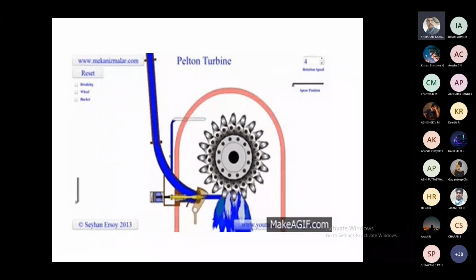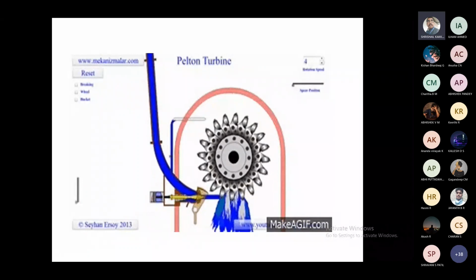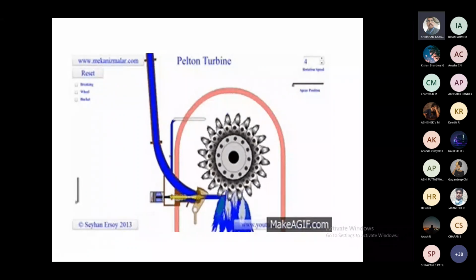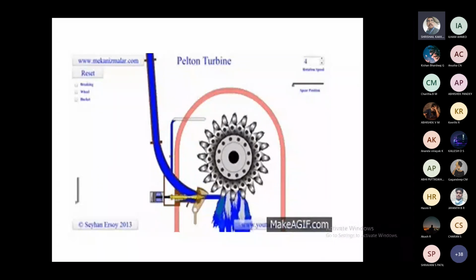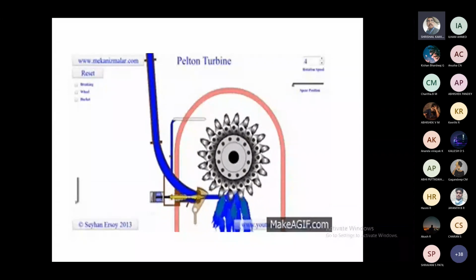And this is the construction of the Pelton turbine. The main important parts are the rotor, a shaft, the buckets or the vanes, the casing, and the nozzle. These are the important parts of the turbine.